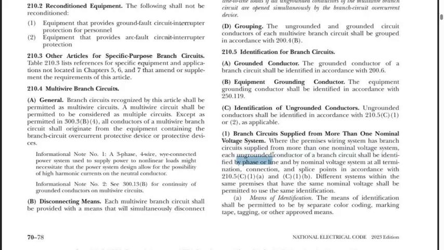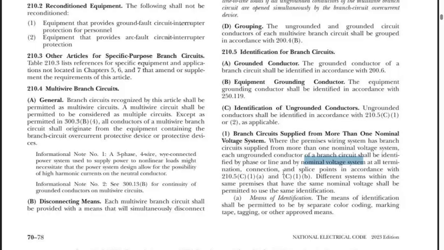Each ungrounded conductor, here's where it tells us, shall be identified by the phase, black defining A phase, red defining B phase, blue defining C, and then brown, orange, yellow doing the same, and the voltage. The black, red, blue defining 120, 208, brown, orange, yellow defining high voltage, or 480, 277.